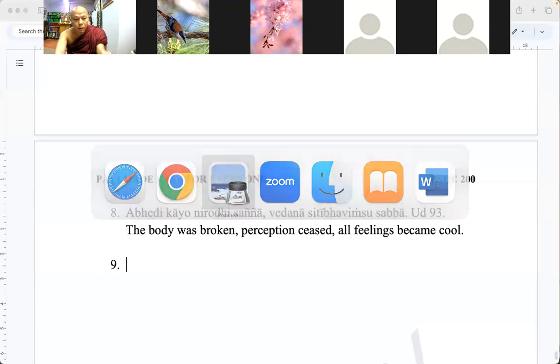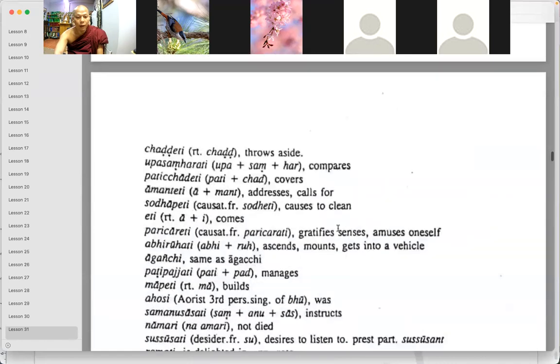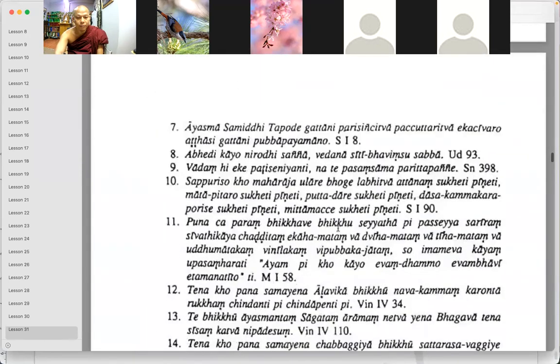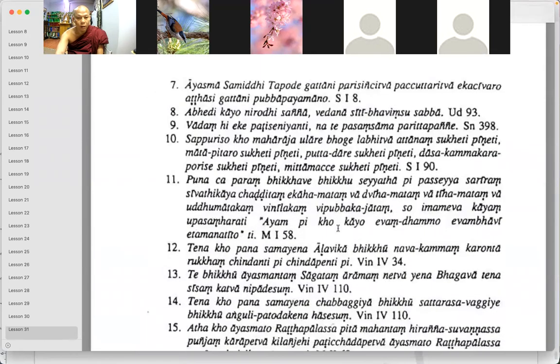So now number 9 is: Wadahi eke patiseniyanti, nade basansama paritabinye.